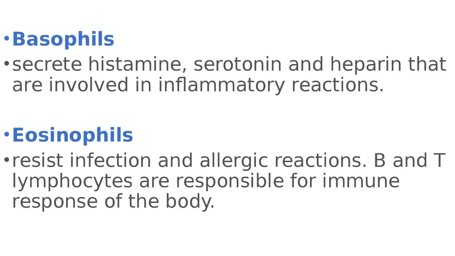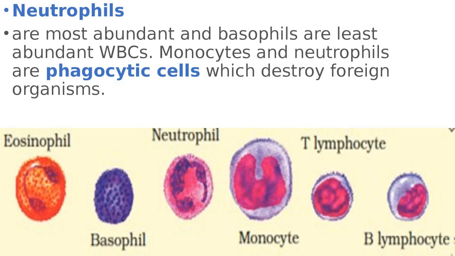It covers 2 to 3% of the WBC. You can see in the slide structure of eosinophils, basophils, and neutrophils. Monocytes are also there, T lymphocytes and B lymphocytes. This is all the diagrammatic representation of granulocytes and agranulocytes.